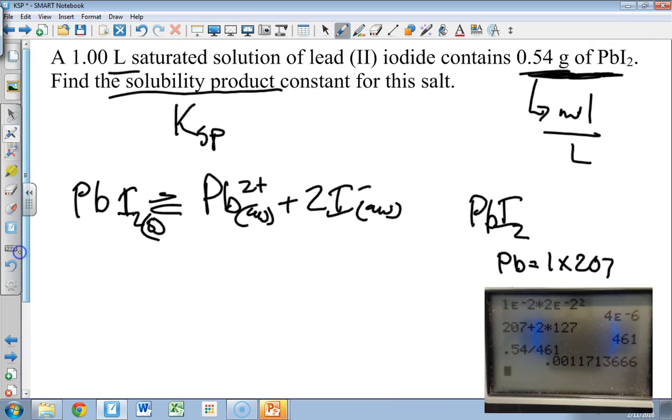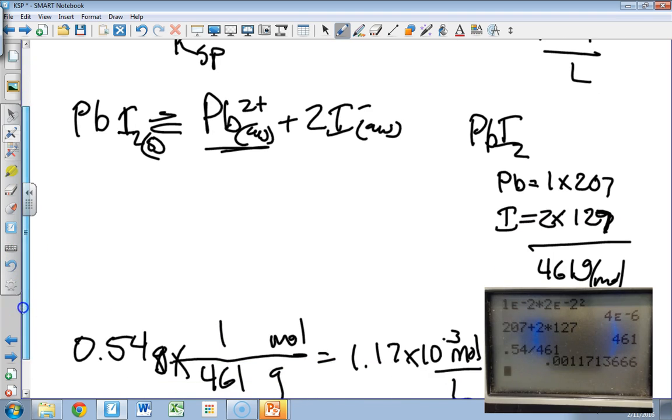Now, that tells us how much of this dissolves. Well, if that's how much dissolves, for every one of these that dissolves, one of these is being made. So this is another way of giving us our molar solubility. So this is 1.17 times 10 to the minus 3. And then this is 2 times that, so it's 2.34 times 10 to the minus 3.